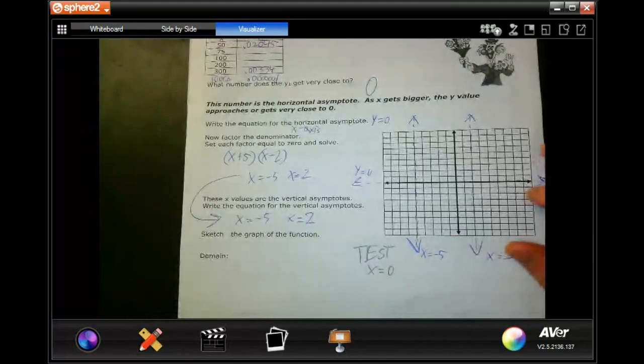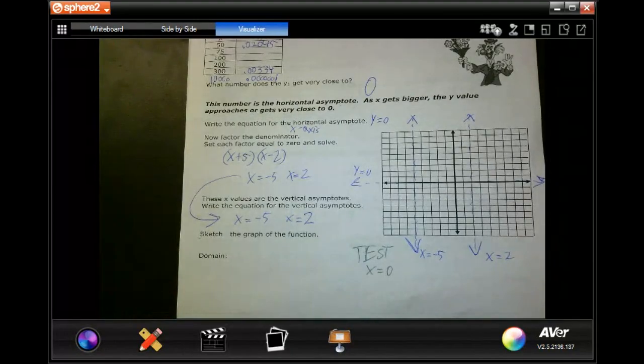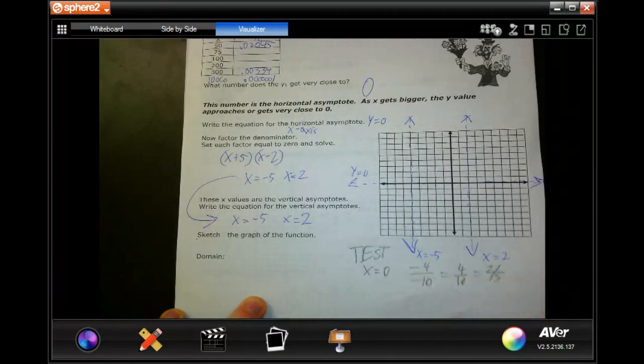You could probably do it just mentally. It's going to be negative 4 over negative 10 equals 4 over 10, and that equals 2 over 5. Okay, that one was pretty easy to do.